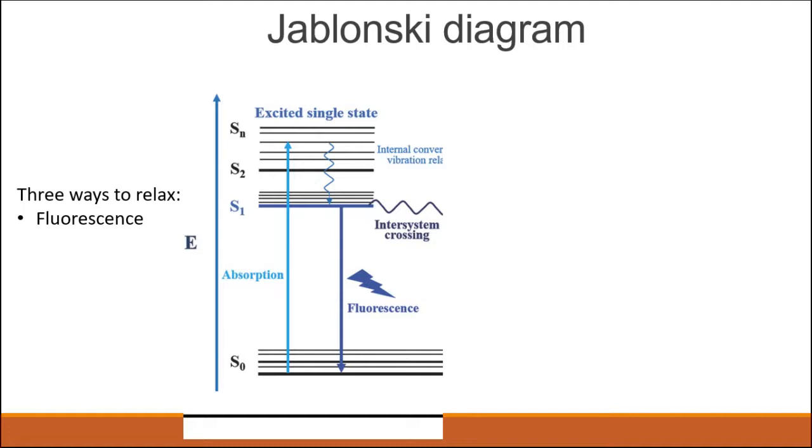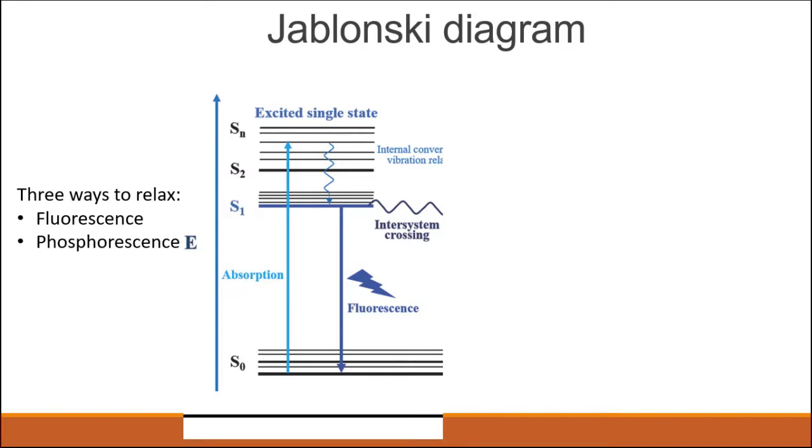But of course, the molecule wants to relax as fast as possible, and it has three ways to go back. Directly emitting a photon and losing its energy to reach the fundamental level, which we will call fluorescence, the dark blue in this picture. We go directly from the excited state to the fundamental state, emitting this photon.